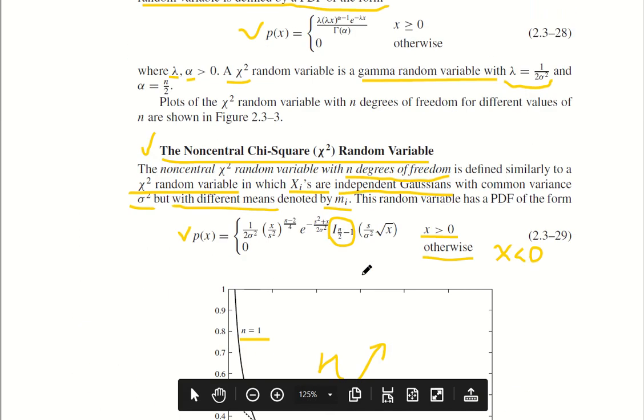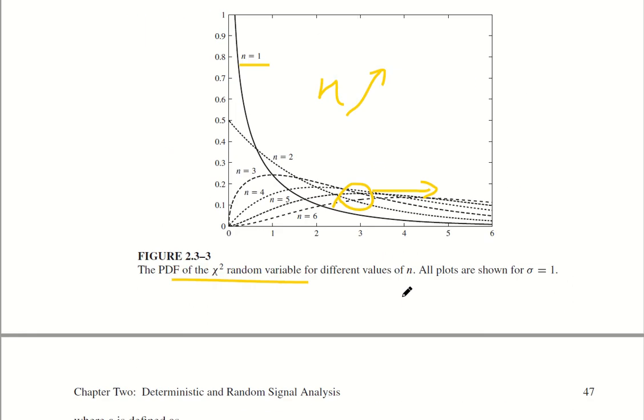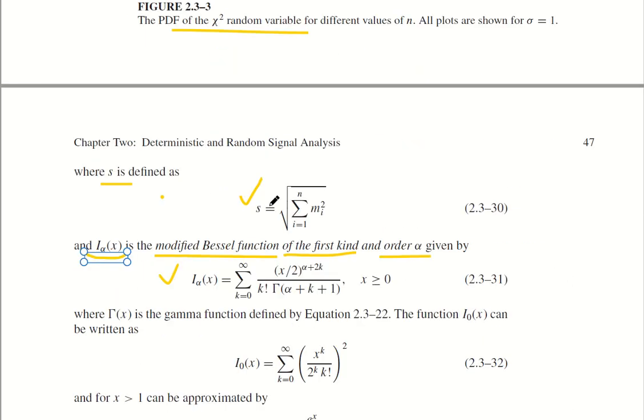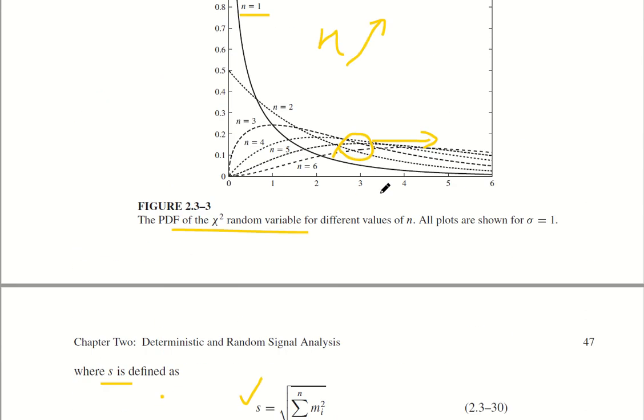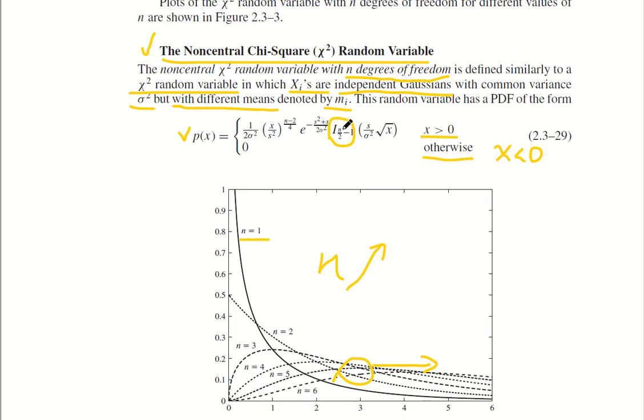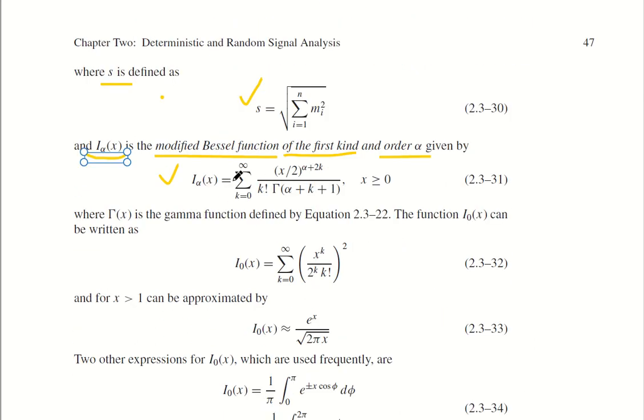So if you have I n divided by 2, you have a subscript n divided by 2 minus 1, and its argument is something like that, and S has been defined. So we have subscript alpha, which is equal to n over 2 minus 1. Okay, so that is alpha.